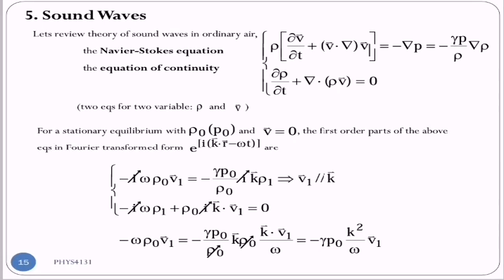Cancelling similar terms on both sides and simplifying, we are left with minus omega rho 1 plus rho naught k dot v1 is equal to 0, and further simplifying we get minus omega rho naught v1 is equal to minus gamma p naught k square over omega v1.